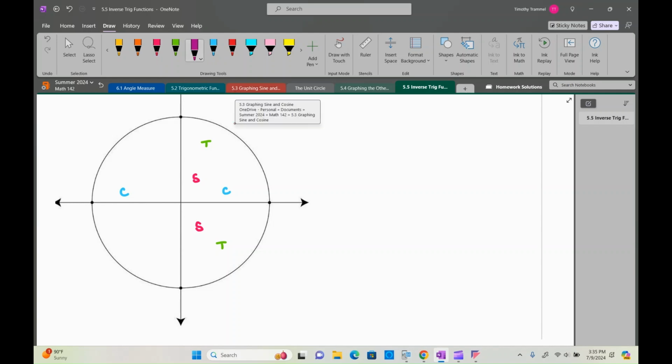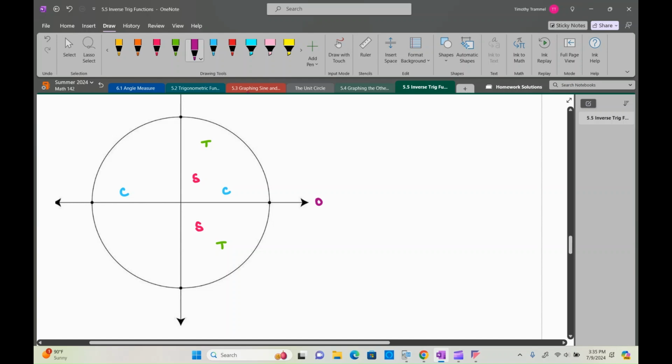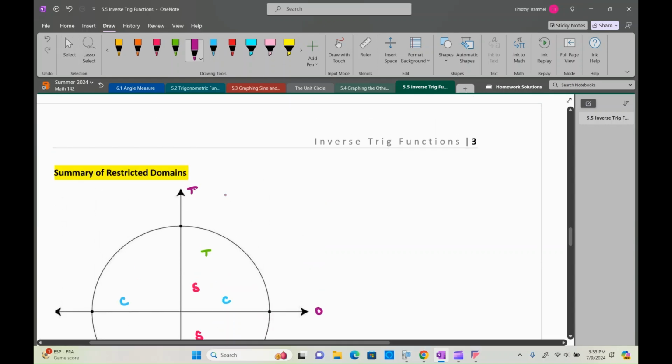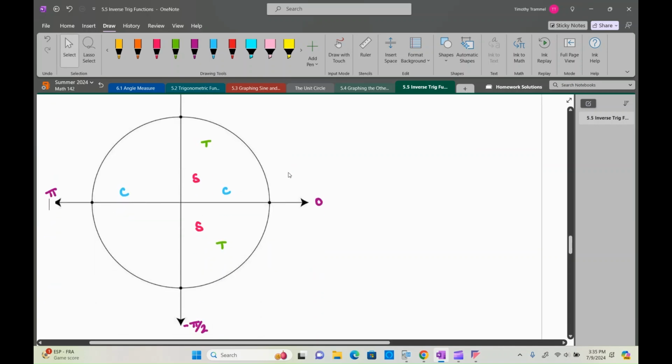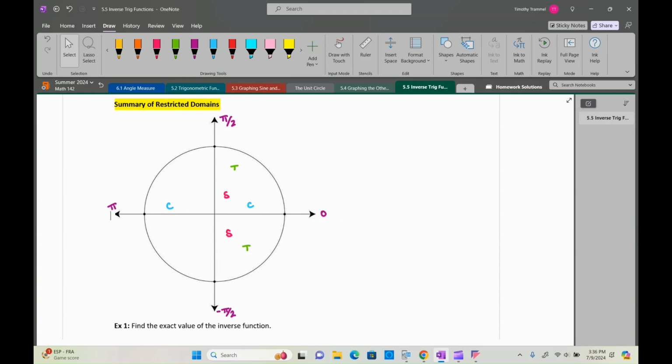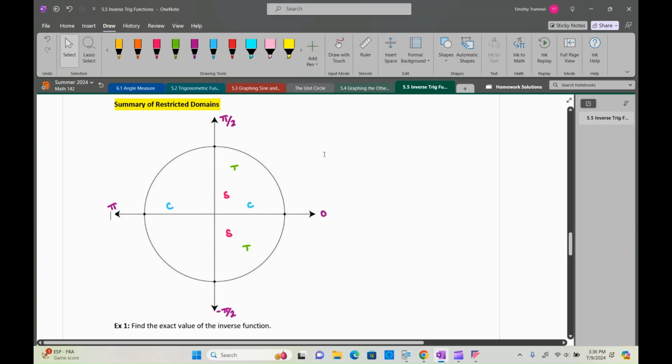This is 0. This one down here, we're thinking about as minus pi over 2. Up here, we have positive pi over 2. And over here, we have pi. I would highly recommend making sure you remember what quadrants these trig functions can give us angles in. Otherwise, it's really hard to work with the inverse trig functions properly.